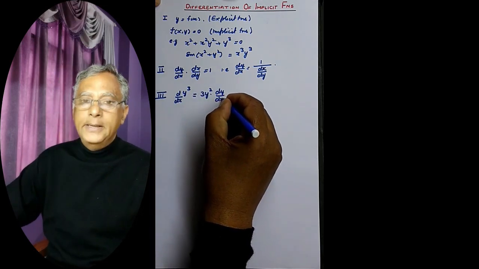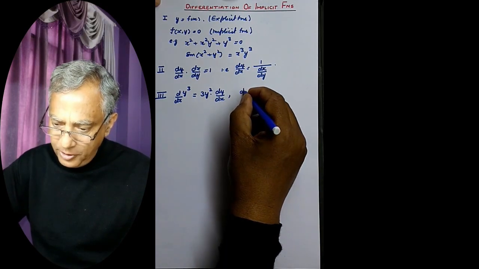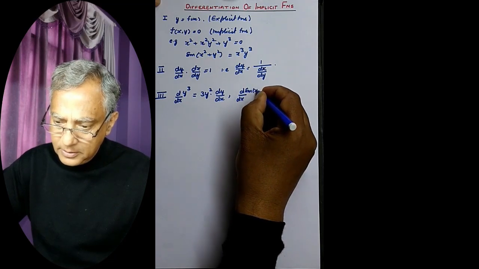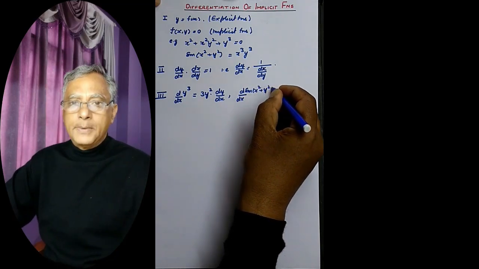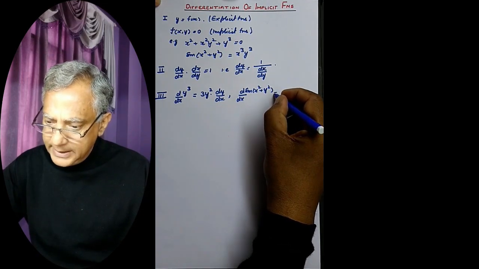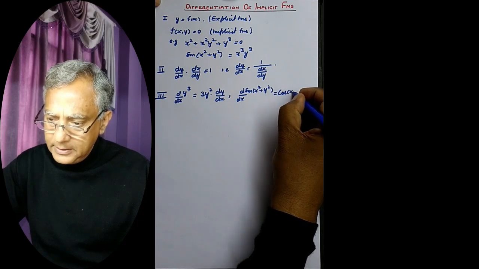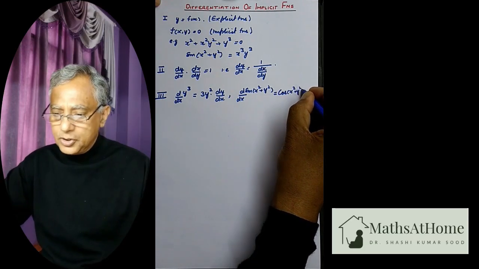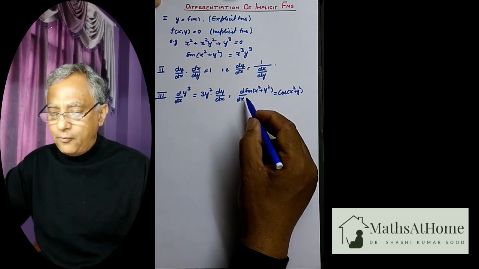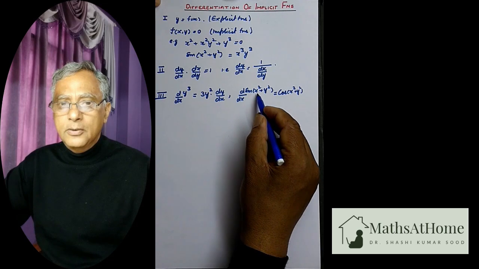And d by dx of say sine of (x square plus y square). Differentiation of sine is cos, so this will be cos of (x square plus y square).